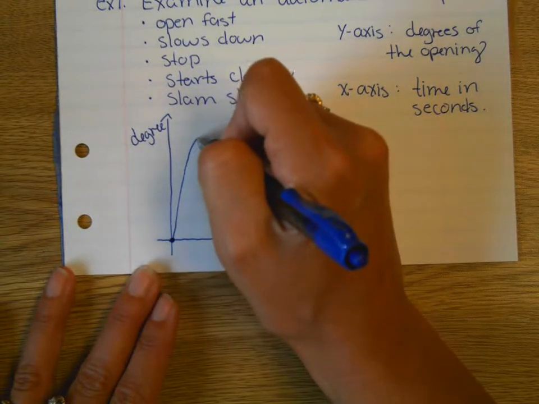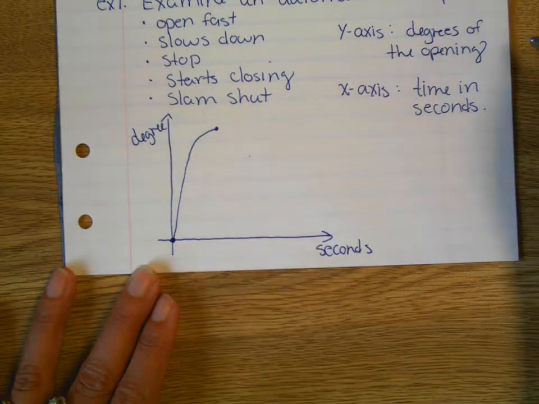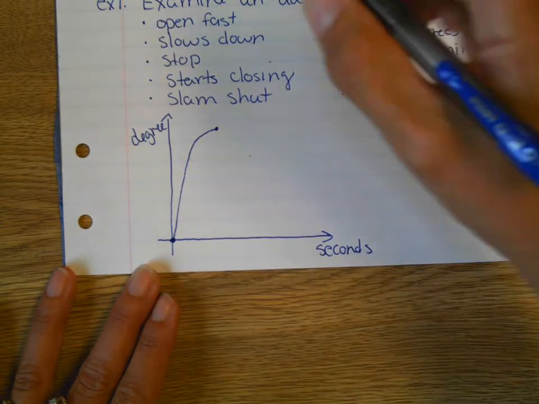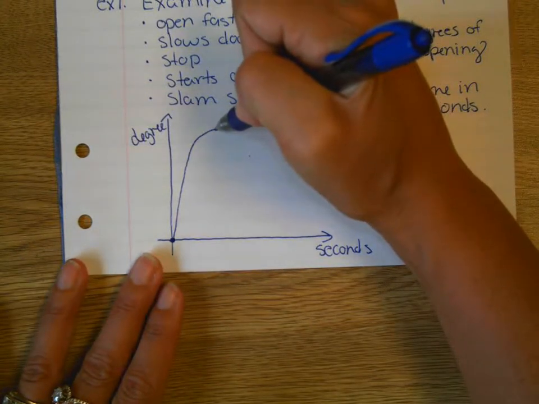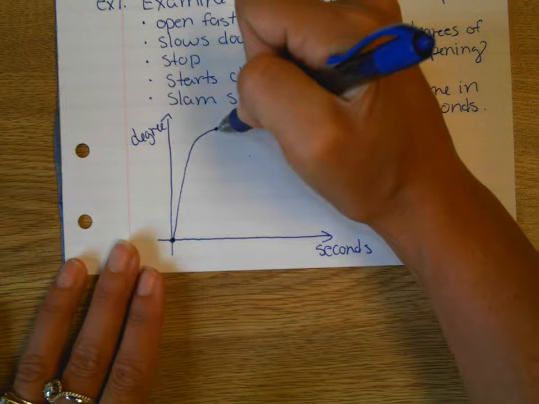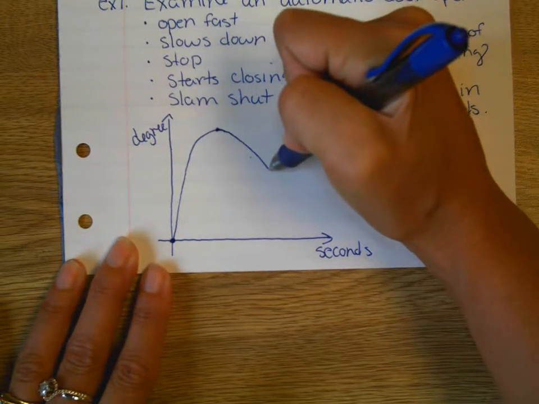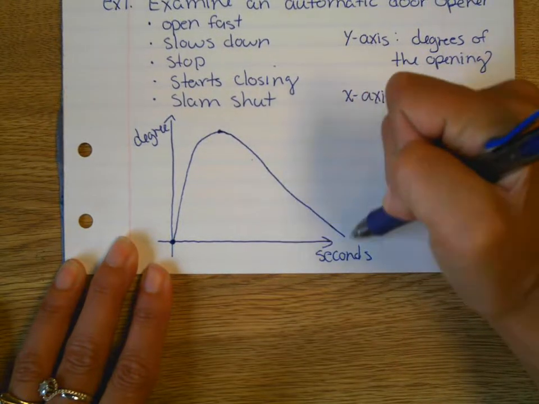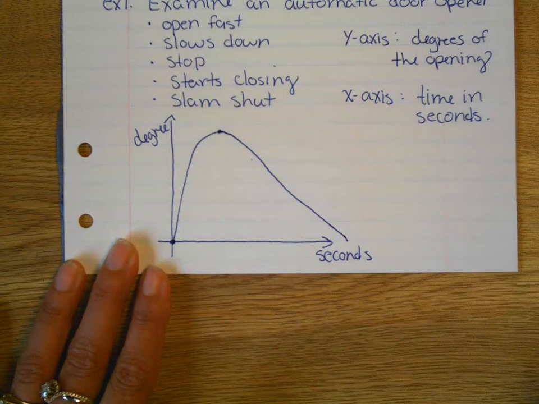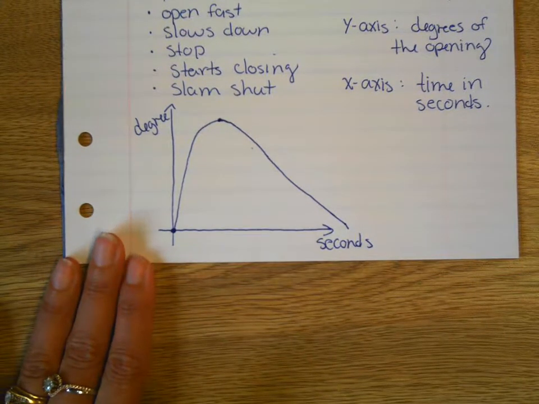Then it's going to slow down. It's almost going to stop. And then it starts closing, but it's going to close a little slower so it doesn't hit you as you're going through it. So it's going to be a slower close. And then right near the end, it's going to slam shut, so it'll go quick. So that's just a rough sketch of it.